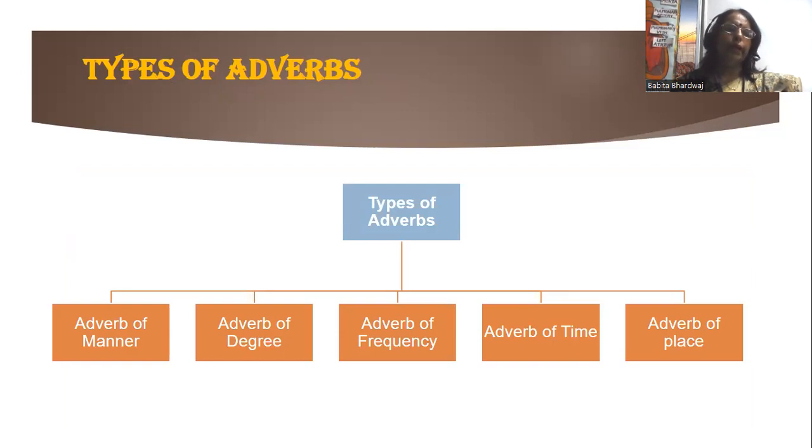There may be adverb of manner, adverb of degree, adverb of frequency, adverb of time, and adverb of place. In our day-to-day communication, we are using different adverbs which are indicative of their intensity. Depending upon the sentence, we can use different frequencies and different degrees.